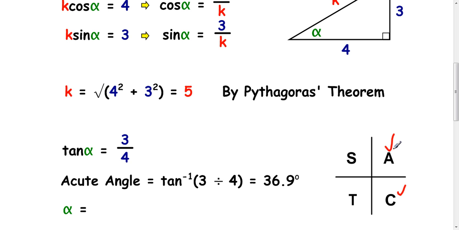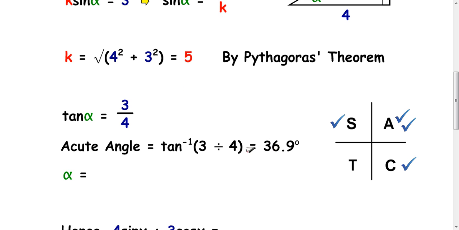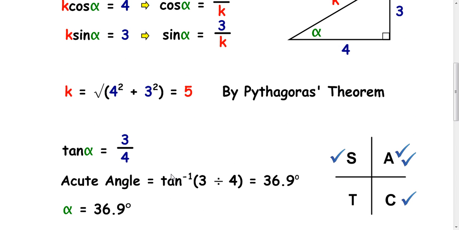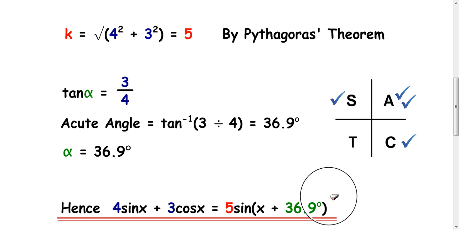So sin's positive here and here. So we're really looking for a first quadrant angle, which would be just 0 plus 36.9, so it's just 36.9. So we've got the two main bits of information: k is 5 and alpha is 36.9. You just have to fill that into this here, and that'll get you all your marks at that point.